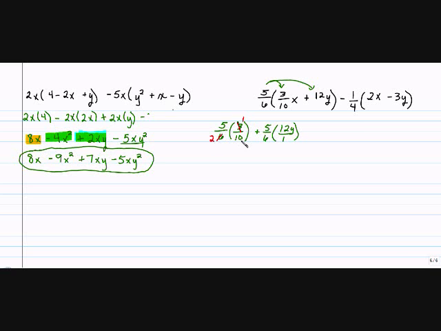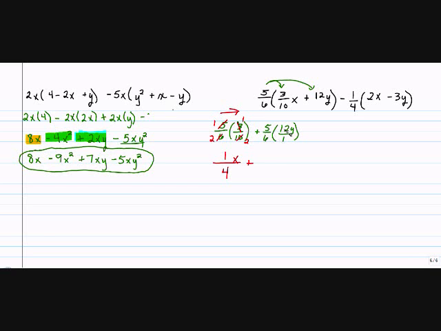Now I can divide 5 and 10 by the same number. 5 divided by 5 is once. 10 divided by 5 is 2. And then I multiply across. 1 times 1 is 1. And 2 times 2 is 4. Plus, I forgot to put the x there. Okay, x.